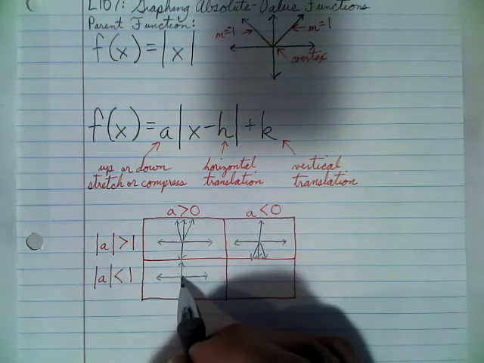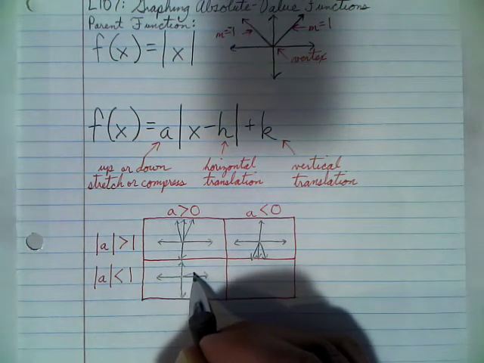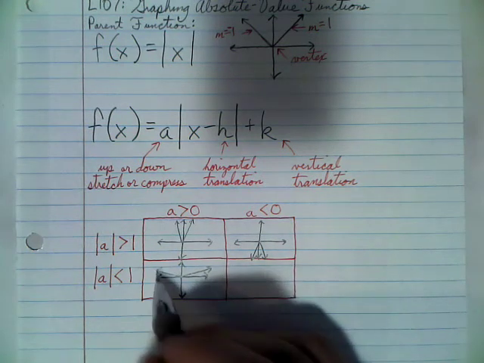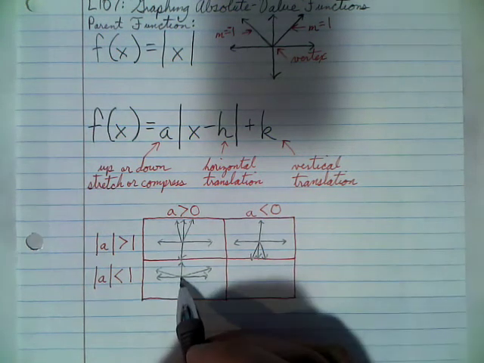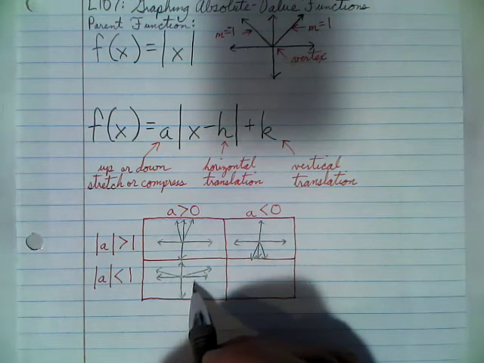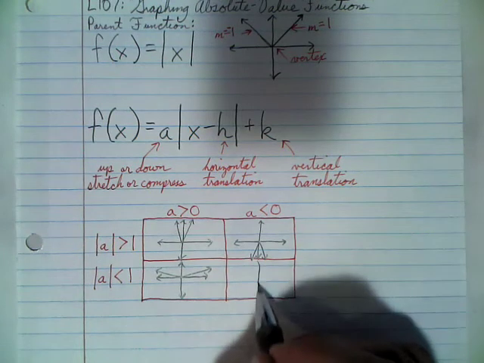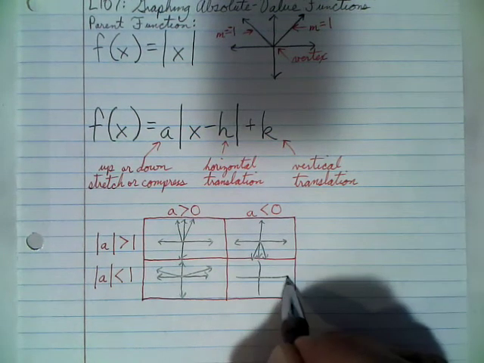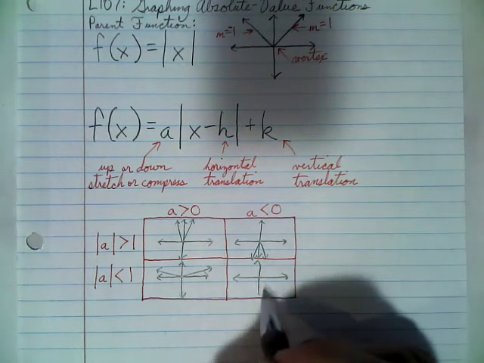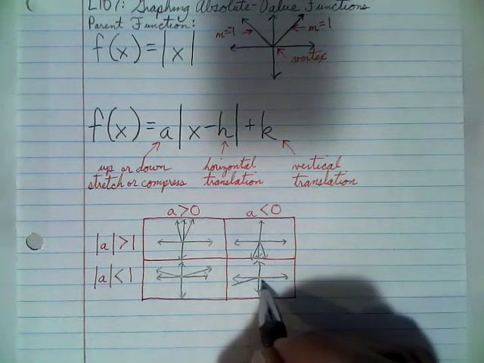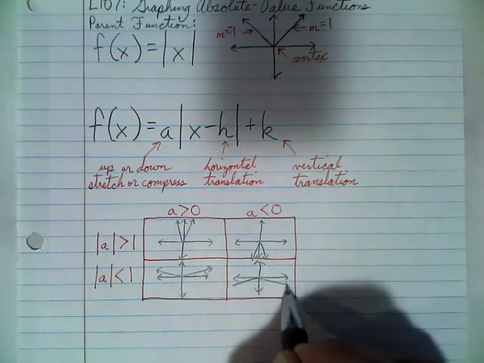And so this will actually result in a compression. Instead of going up at a 45-degree angle, it's going to be compressed downward. And then if A is negative, same idea, just opening downward instead.